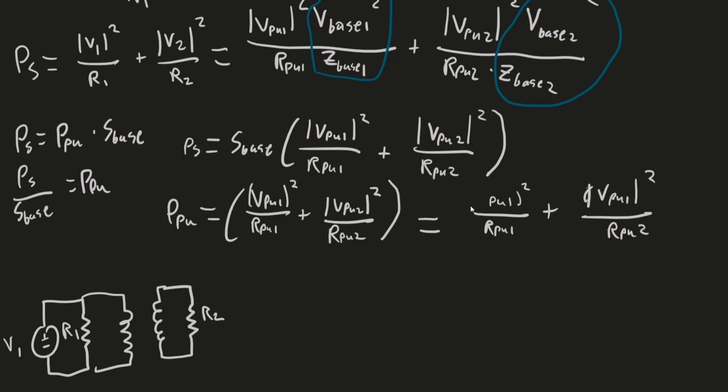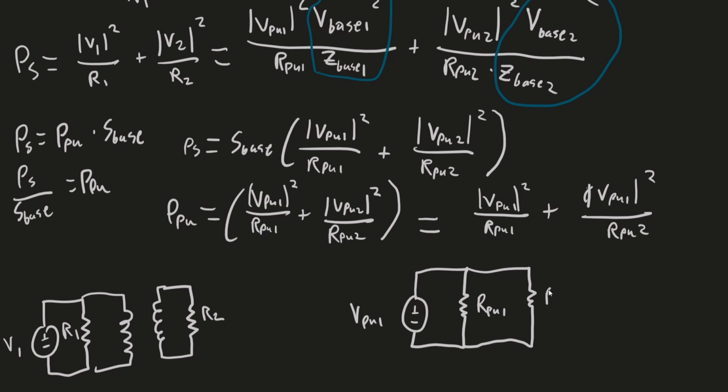So what we have here is our total power is equal to some voltage across two resistors. Now what kind of circuit would give us this equation for power? It would just be our voltage source that provides V per unit 1 over two resistors in parallel, where this is R per unit 1, and this is R per unit 2.